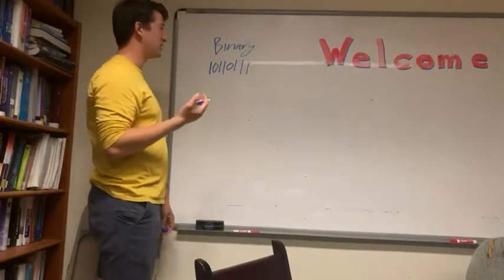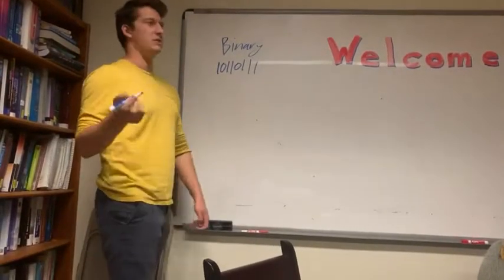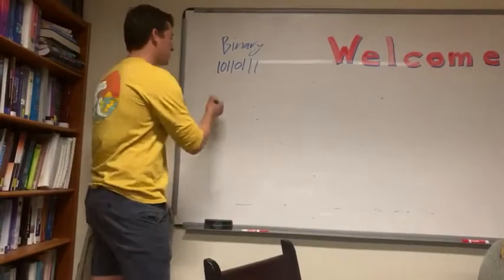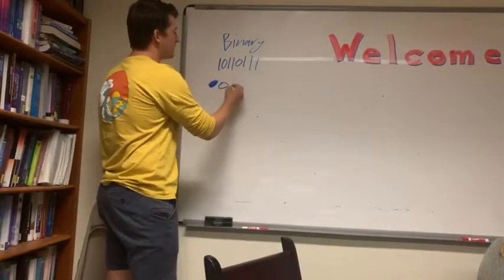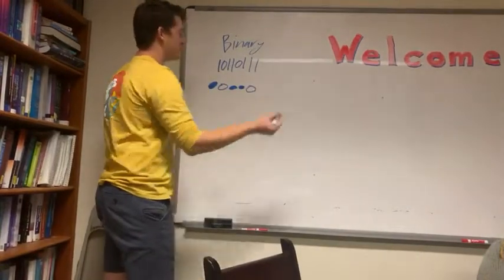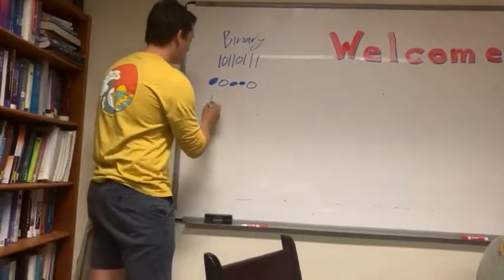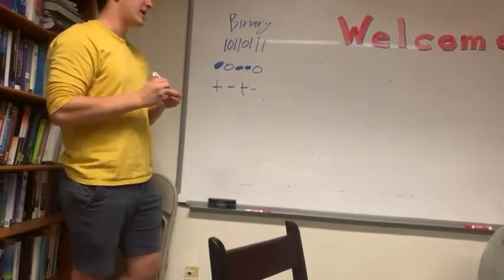Contrary to popular belief, binary isn't always represented by ones and zeros. It can be represented by other figures such as full dots versus empty dots and different variations of that. So something like that could be binary, plus and minuses, and it doesn't even have to be symbols.